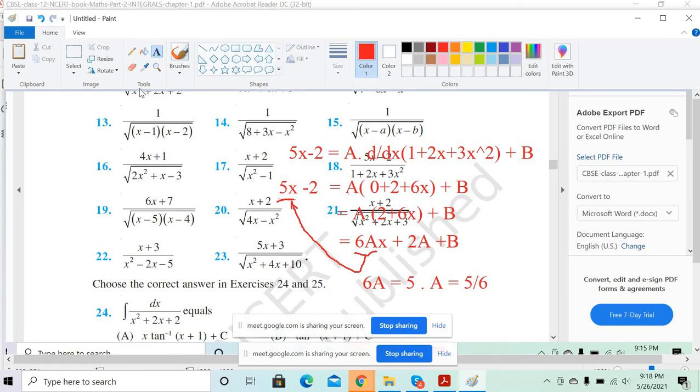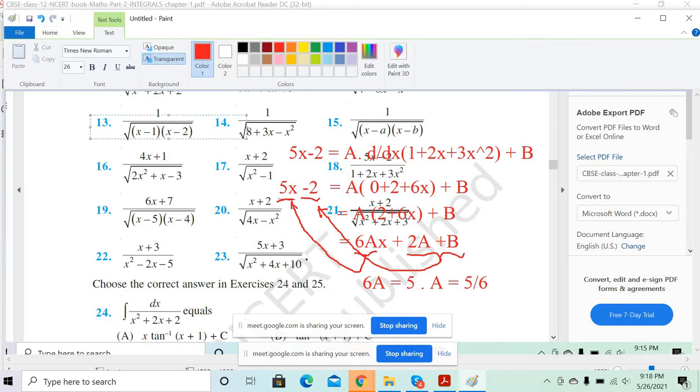Yes, sir. Now look at the constant: here the constant is minus 2 and there the constant is 2a plus b. So this term has to be equal to this term. So 2a plus b is equal to minus 2, isn't it? Yes, sir.